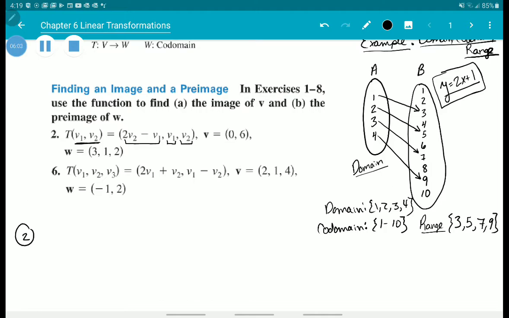If we're talking about the image of v, we're going to plug in that 0, 6. Where does 0, 6 go under this transformation? That's what we're asking. If we were to plug that in, we're getting 12, 0, and then 6.